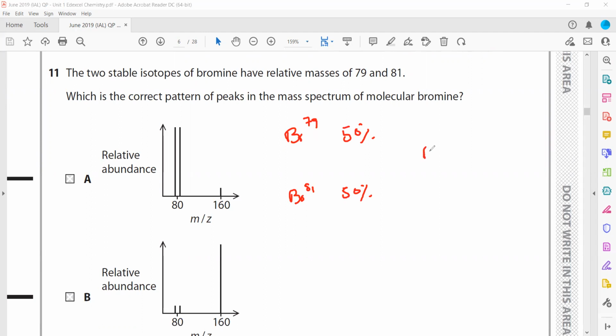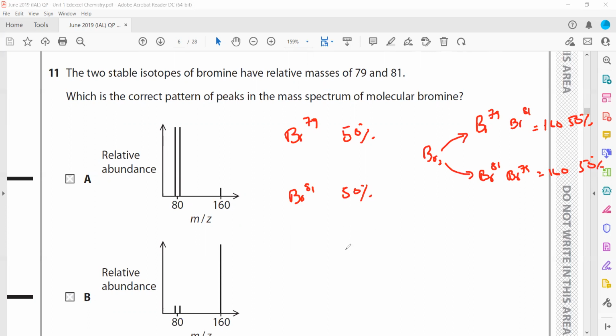But we might get a bromine molecule. So the possibility is there. The first atom might be 79 and the second atom might be 81. So we will get a peak at 160 because 79 plus 81 is 160, and that is 50%. And what about the second one? Maybe the first atom is 81 and the second atom is 79. So we'll get a peak at 160, and that is also 50%.